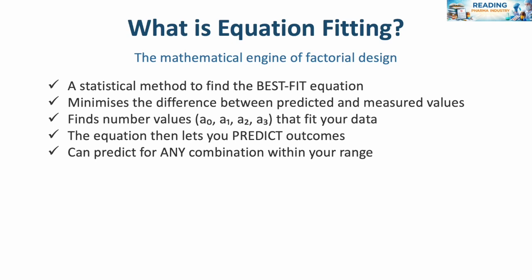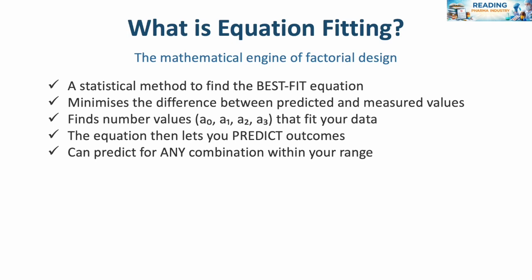The predicted values are what the equation calculates, and the measured values are what you actually test in the lab. So regression finds the coefficients that make these differences as small as possible. Once you have the equation, you can make predictions.